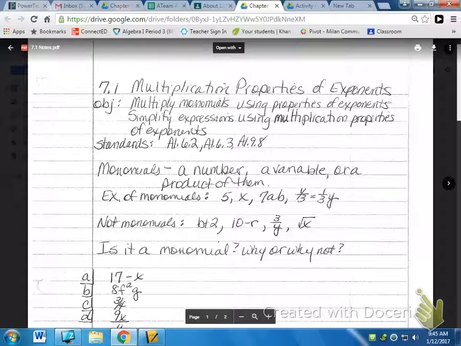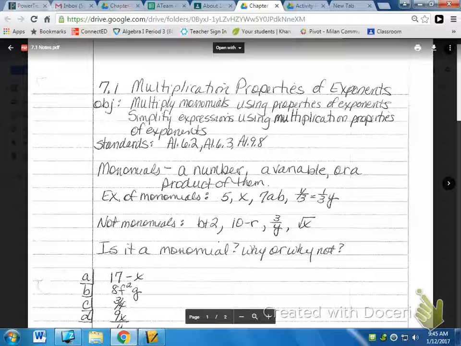Here are the things that eliminate things from being monomials. The first one, b plus 2, is not a monomial, but it is a polynomial. Since there's a plus sign in between, that really isn't a monomial.